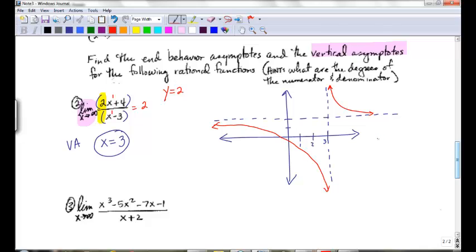As x goes to positive infinity, it should be approaching this asymptote, and as x goes to negative infinity, it should be approaching this asymptote. Any questions on that one?